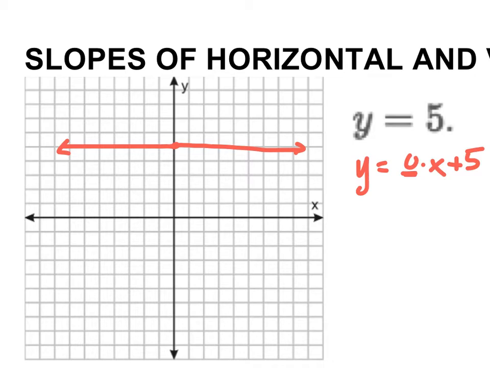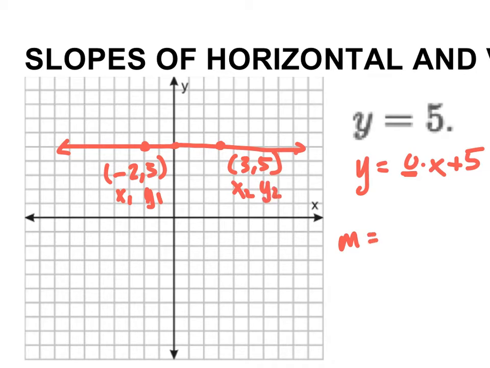But let's do the slope formula on a couple of these points. Let's do the point 3, 5, and then the point negative 2, 5. I basically just chose those points. If I were to find the slope between them, here's x sub 1, y sub 1, x sub 2, and y sub 2.